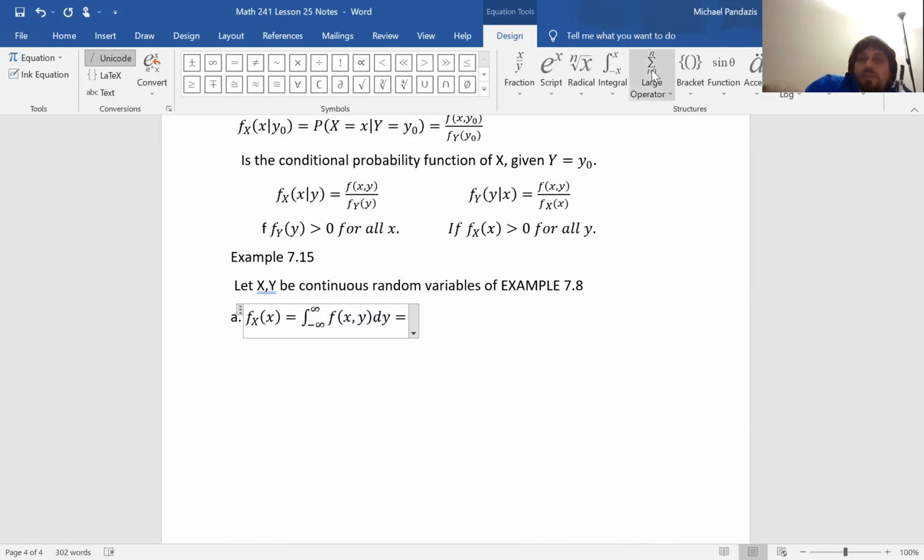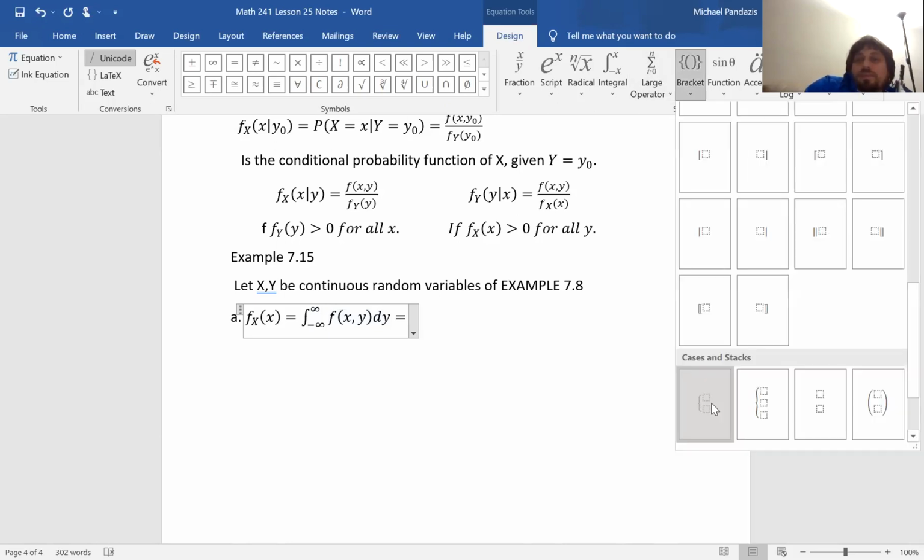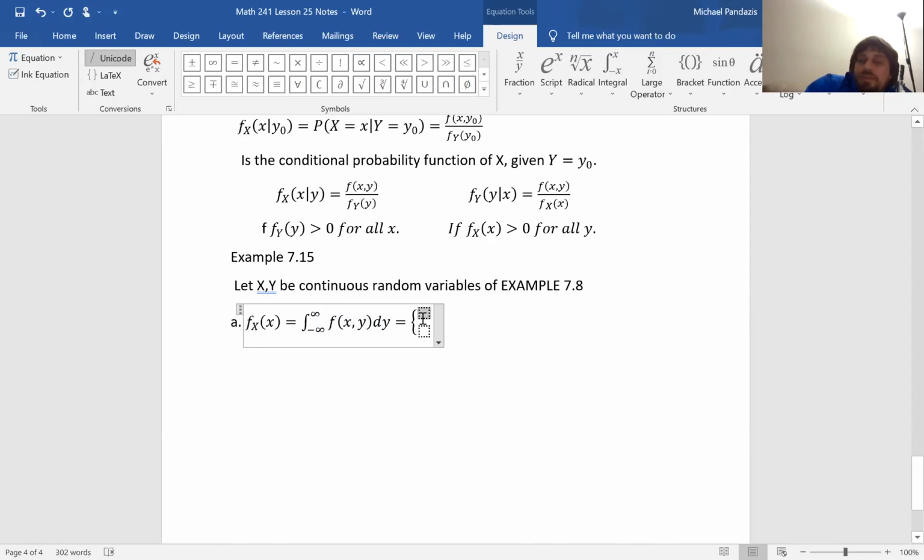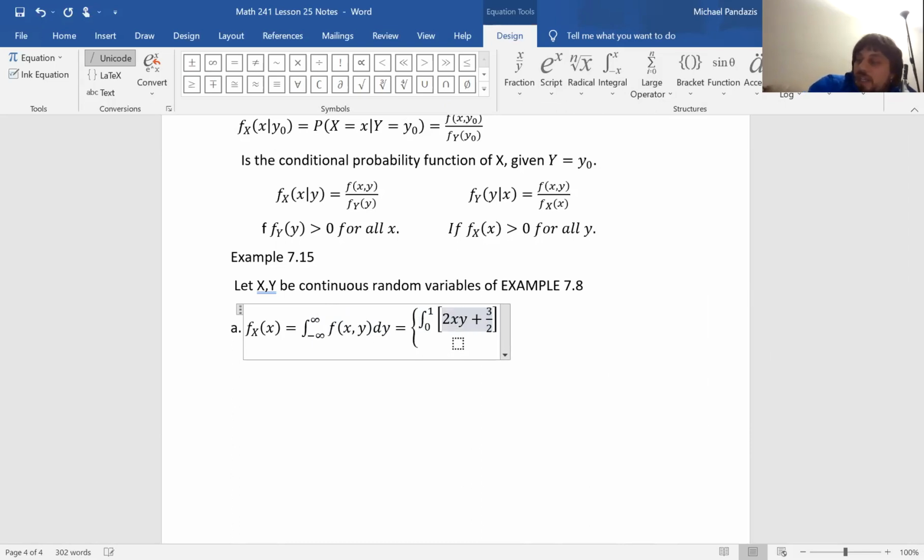And that's equal to the integral from 0 to 1 of 2xy plus 3/2 y squared dx, which is equal to x plus 3/2 y squared.